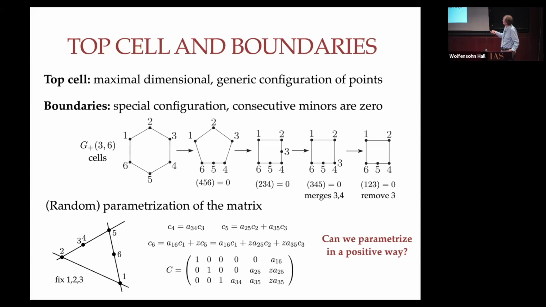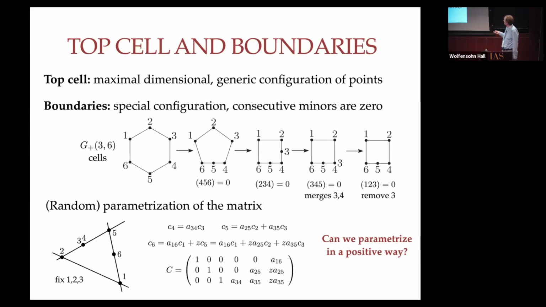Now it's a good question how to actually parameterize the matrix which corresponds to such a configuration. Let's say this one. We can just read off the dependencies from the picture. For example, 3 and 4 are on top of each other, so column 4 is proportional to column 3. 5 is spanned by 2 and 3. 6 is spanned by 5 and 1, and we can write these linear relations between them.